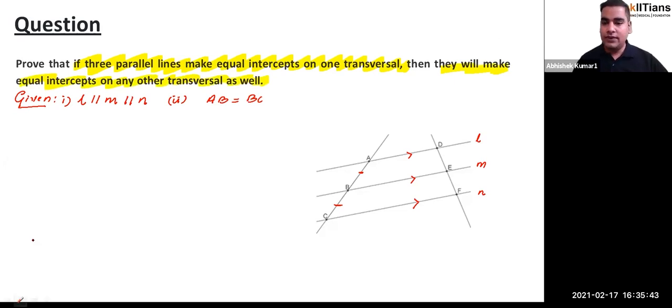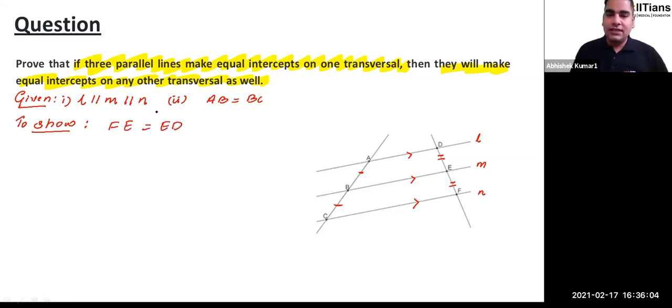You have to show that the intercepts DE and EF will also be the same, that is, FE will be the same as ED. That means these lines are going to make equal intercept on the other transversal as well. So here a construction needs to be done, guys.